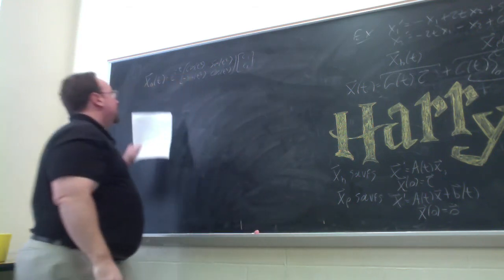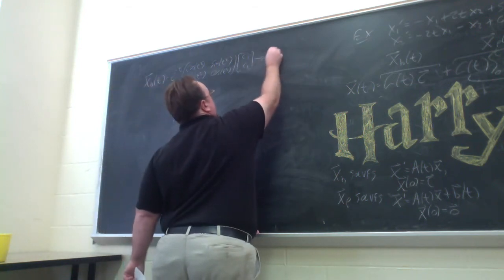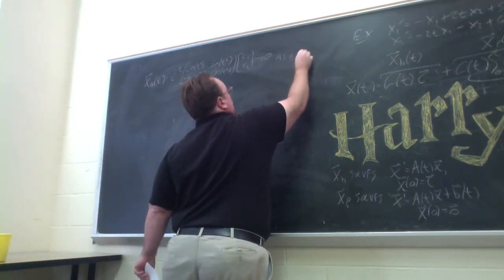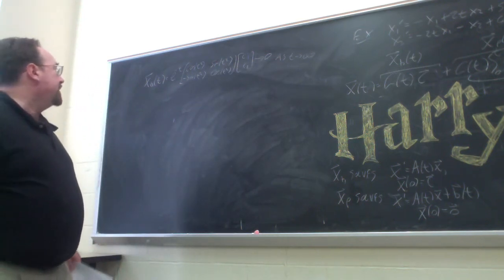But because of the negative exponent, we know what this does. This goes to 0 as t goes to infinity. So that's like the non-interesting part of the solution.